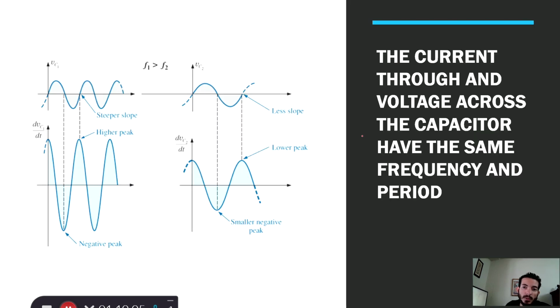Okay? So the current and voltage across the capacitors have the same frequency and period. This is a very important rule of thumb. For example, if you have a wave with frequency 1 and another wave with frequency 2, but frequency 1 is greater than frequency 2, then the difference in the voltage with respect to time will give you a higher value for the higher frequency.